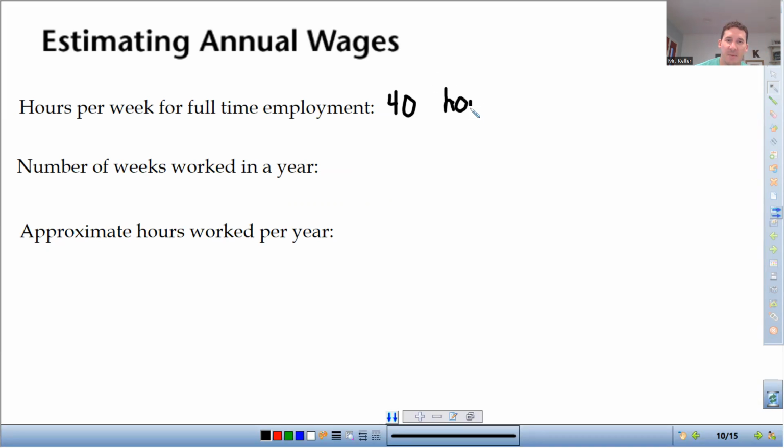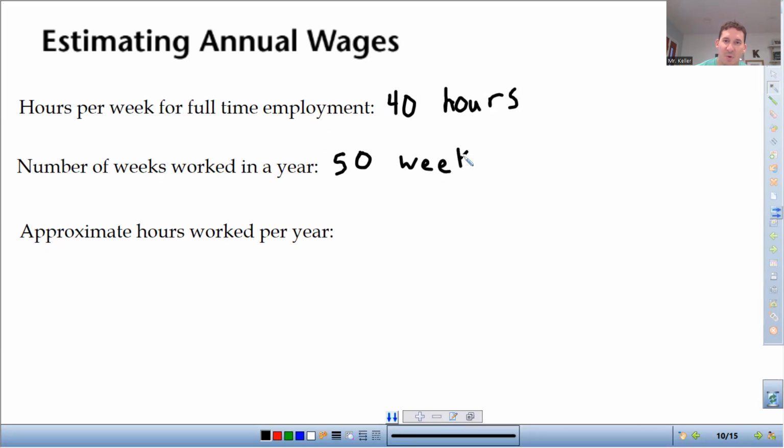Number of weeks worked in a year: there's 52 weeks in a year, but counting holidays and other vacations, we're going to say on average, you're going to work 50 weeks per year.